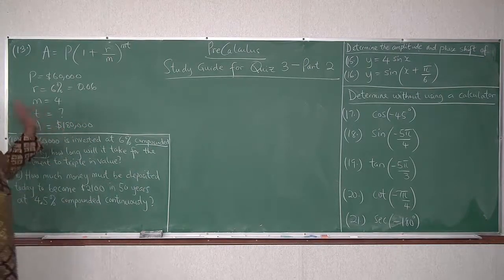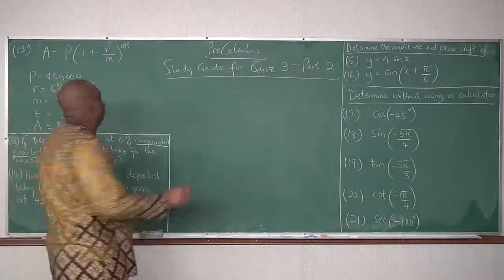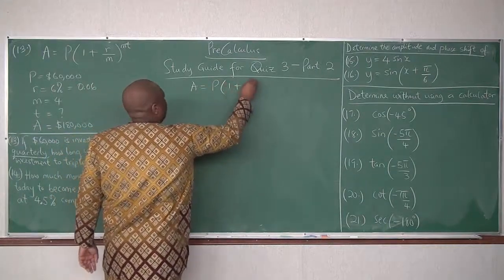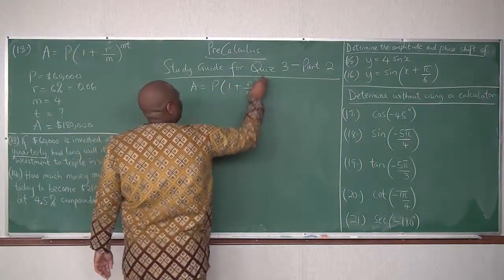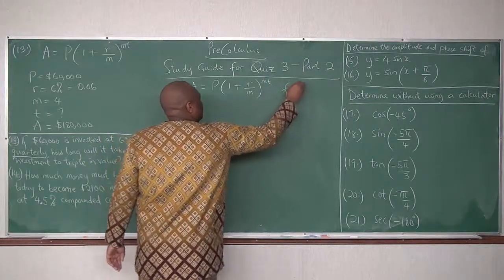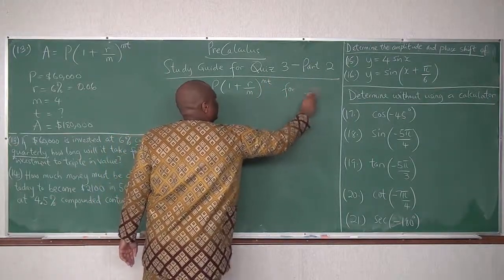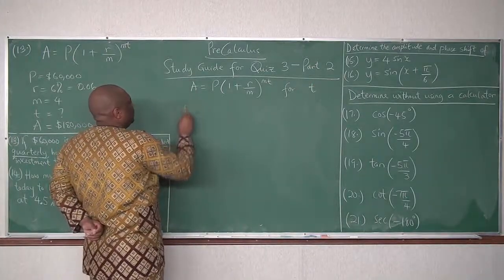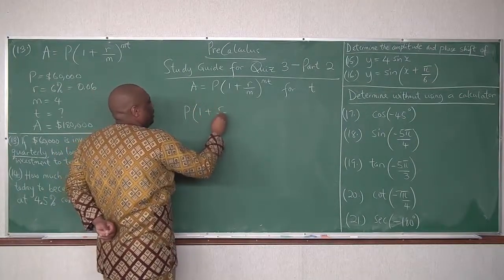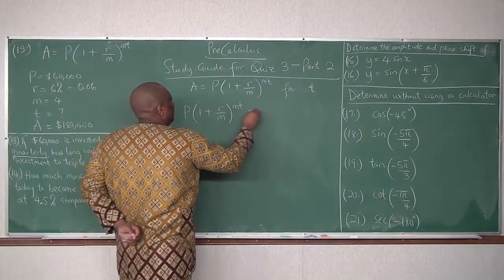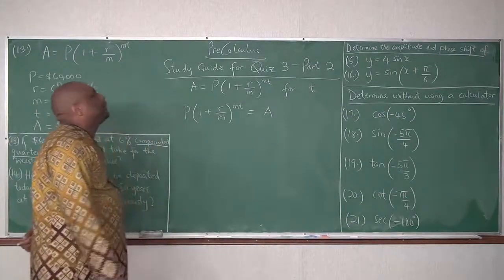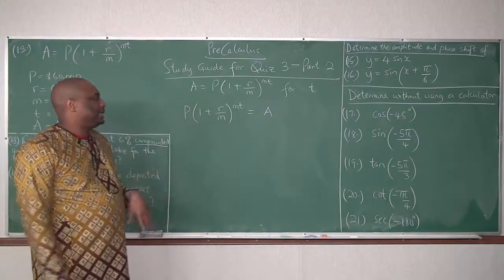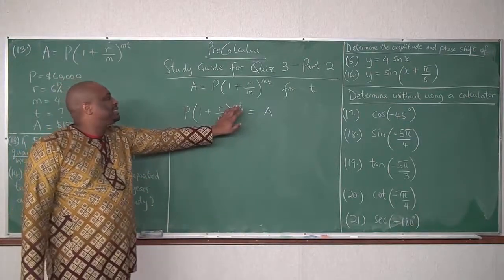Alright, let's go ahead and find T first. Let's solve for T. Literal equations. Let's swap: P times 1 plus r over m, to the power mt, equal to A. Swap means let the left-hand side be the right-hand side and the right-hand side be the left-hand side, because this is where T is.